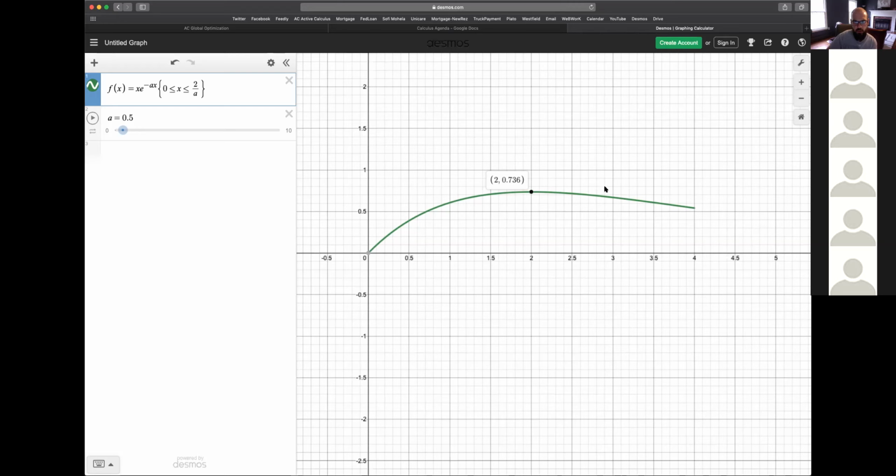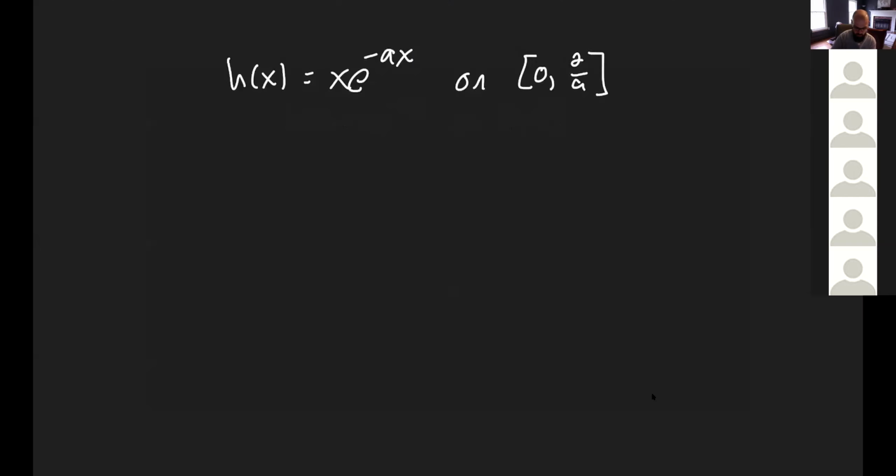So let's jump back over to the Blackboard again and see if we can do something very similar where we take our derivatives. When I take this derivative, I'm going to do something pretty much the same as before, except now I'm going to have to use the chain rule.